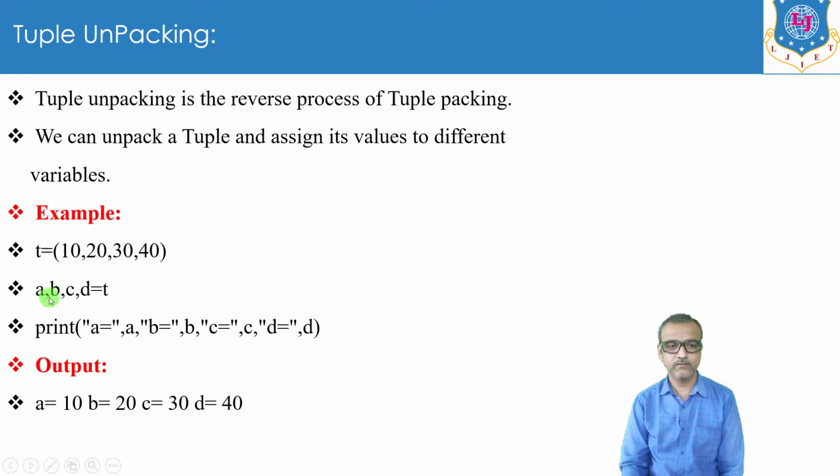Then after we have written A, B, C, D equals to T. So the value 10 will be assigned to variable A, 20 to B, 30 to C and 40 to D. Then after, this print statement will give us the output as A equals to 10, B equals to 20, C equals to 30, D equals to 40.